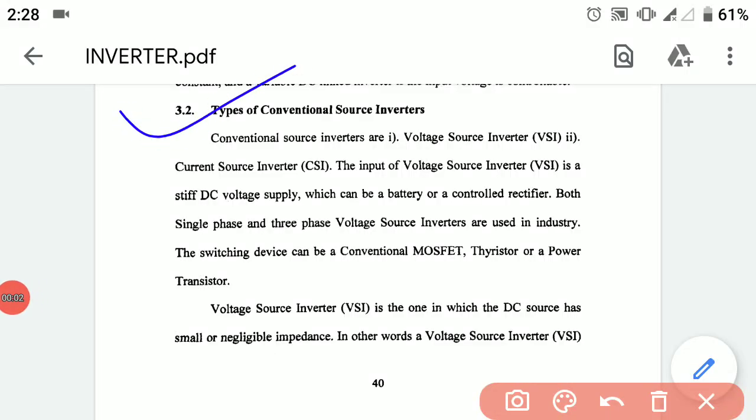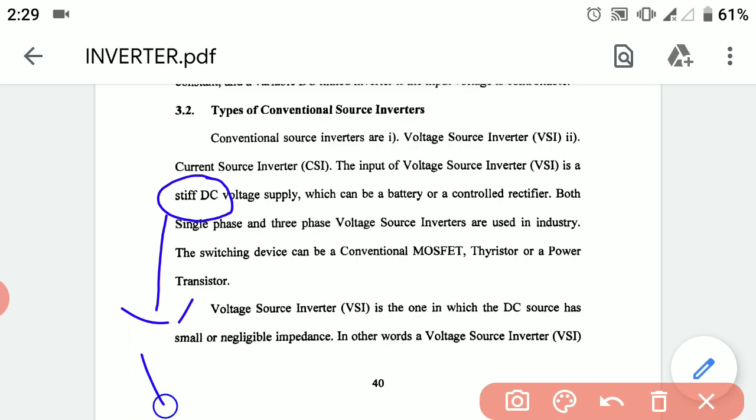We have two types of inverters, that is voltage source inverters and current source inverters. In voltage source inverters, we have a stiff DC voltage supply. Stiff DC supply means the input DC supply does not vary with the variation in load.